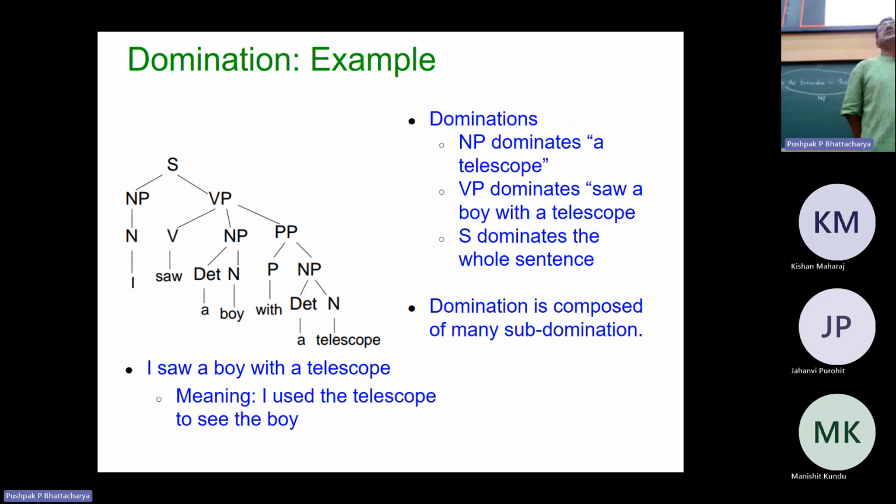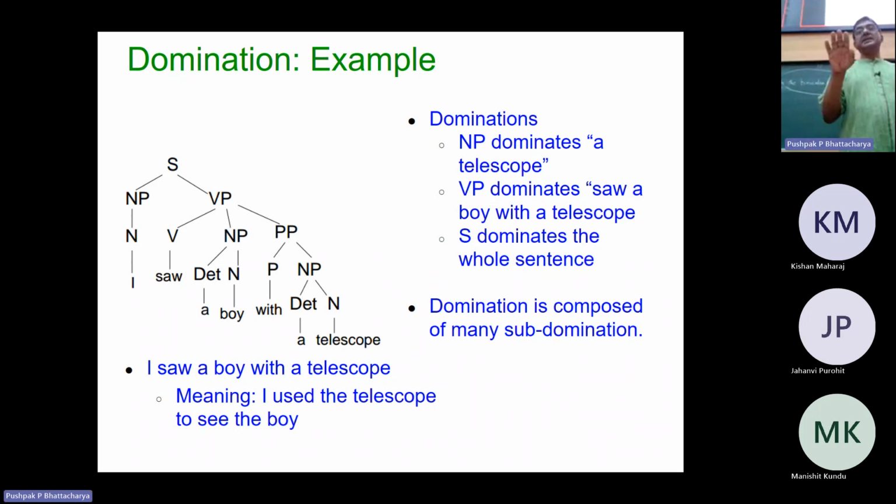Now the ambiguity is in subdomination. VP dominates saw a boy with a telescope. So mark this carefully. Any ruler will have to rule through his assistants. In this case, the ruler VP, the dominator VP, has three assistants, V, NP, and PP, all at the same level.